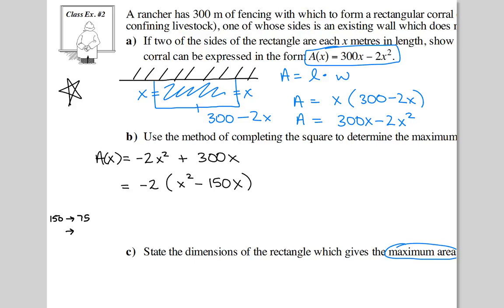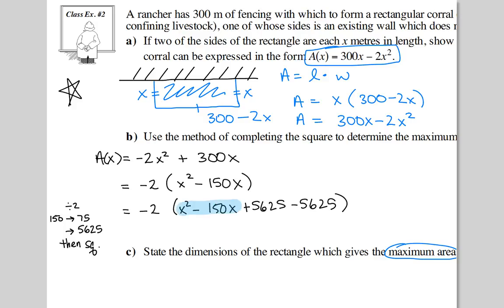So it becomes 75, and then we have to square 75. We're completing the square. We do half of b and then square it. So I got this 5625. So divide by 2 and then square. What do we do with that value? Plus it and minus it. So plus 5625 and minus 5625. The stuff in the highlight becomes the perfect square.